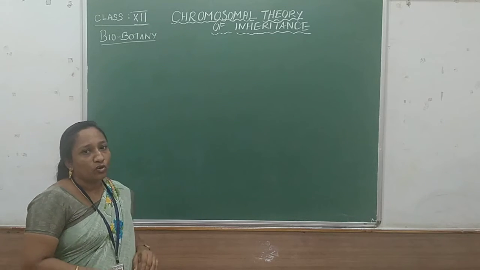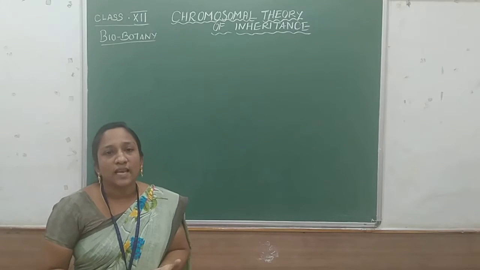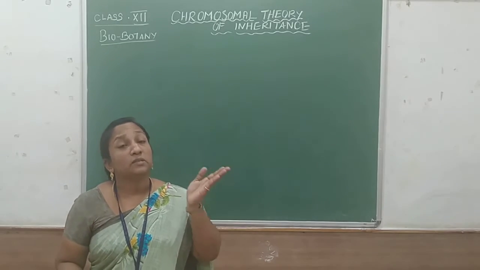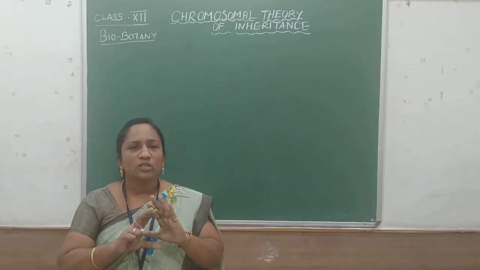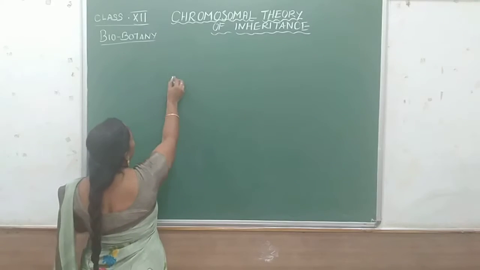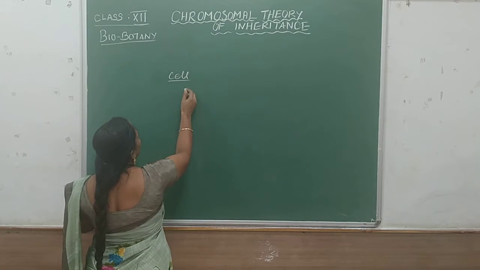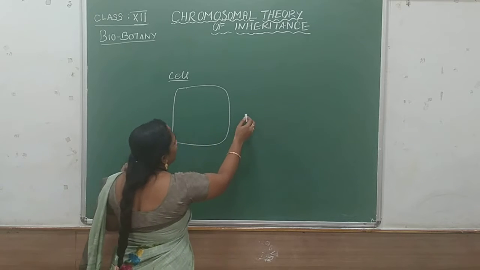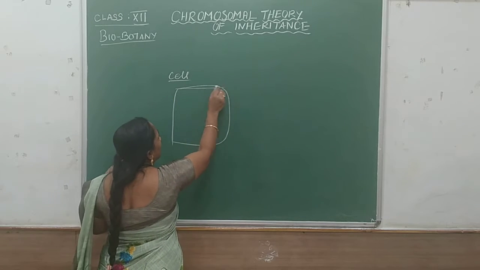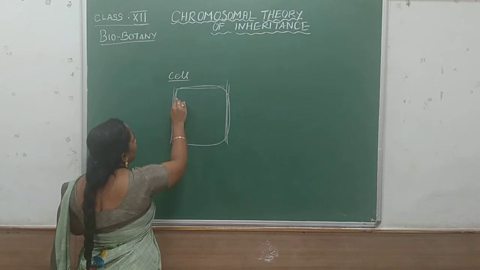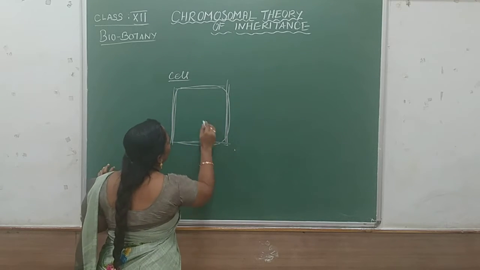What is meant by chromosome and what is meant by cell? Each and every organism, whether plant or animal, is made up of cells. What is a cell? A cell is the basic unit of a living organism. There are two types of cells, plant cells and animal cells. A plant cell has a cell wall, but an animal cell has no cell wall, only a cell membrane.